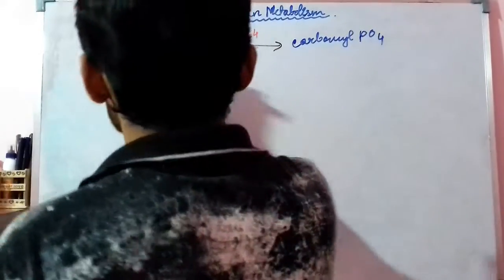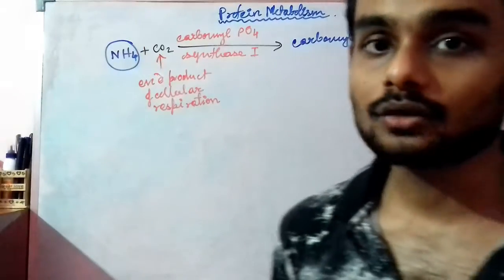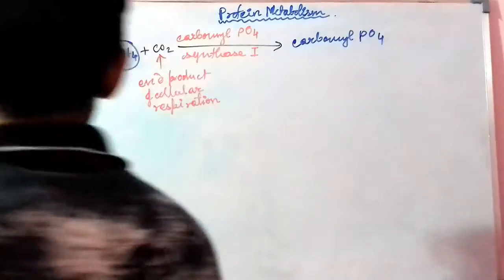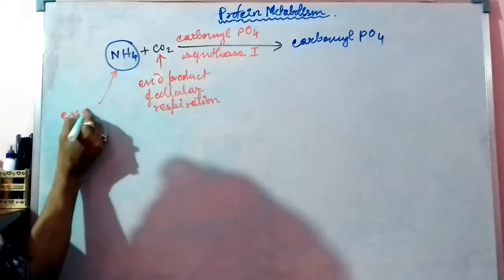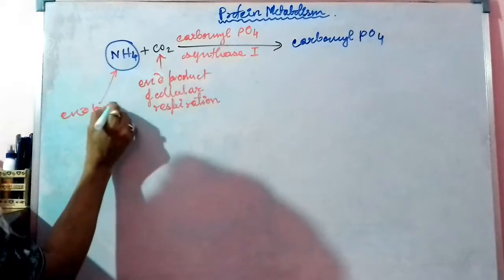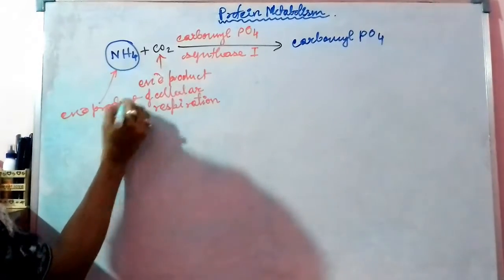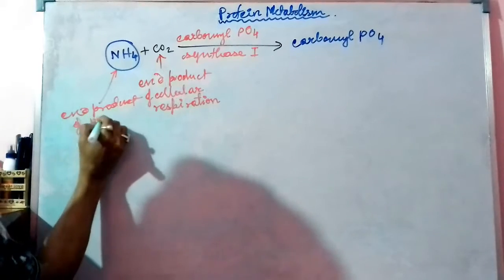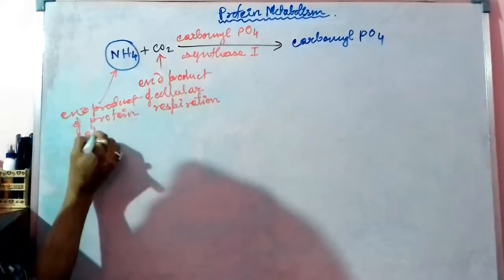So basically this ammonia is coming from where? The breakdown of the proteins, right? This ammonia is basically coming as the end product of protein catabolism.